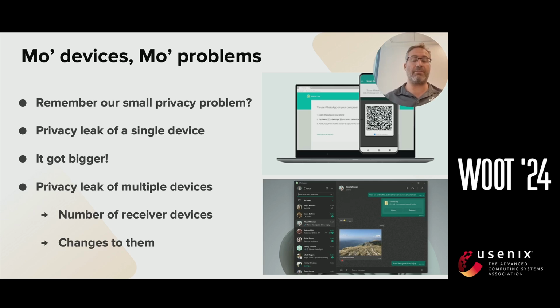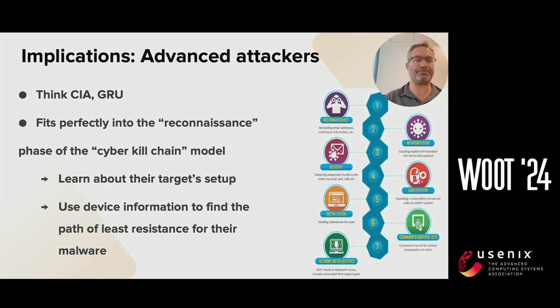So as a result, the intended sender is aware of the number of the receiver's devices and changes to them, because if the receiver changes its devices, then they get a new public key, and if I continuously monitor your keys, then I know you changed something in your setup.